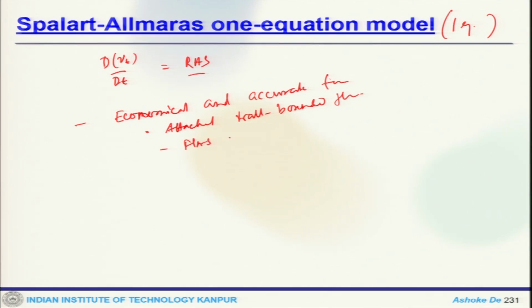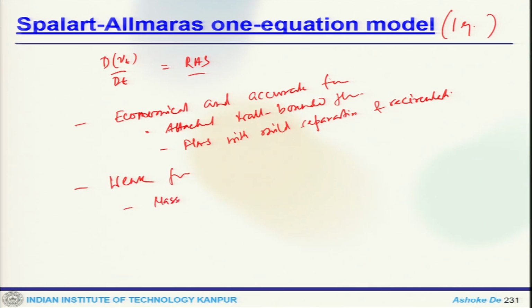with mild separation and recirculation, but this is quite weak for massively separated flow, free shear flows and decaying turbulence.